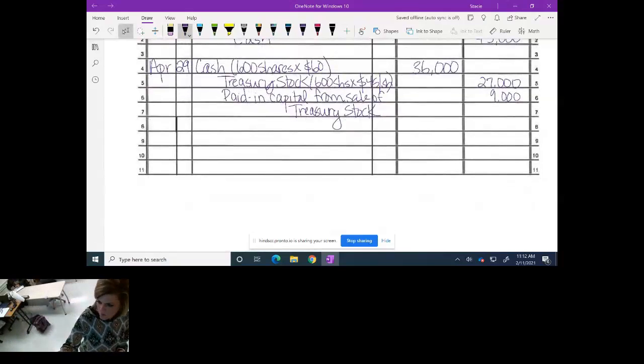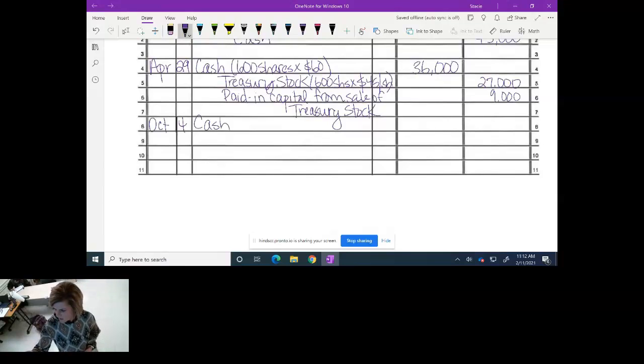All right, October 4th, we've got a sale of the rest of the shares. 400 shares times $40, because the price, you know, is going to fluctuate from day to day, so it might go up, might go down. So we're putting $16,000 in cash, and then Treasury stock we will credit for cost.